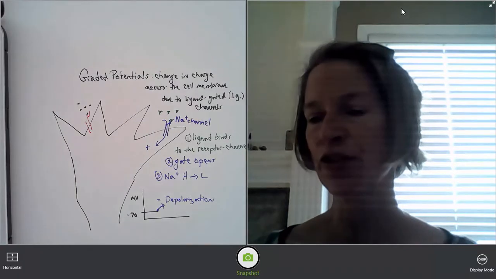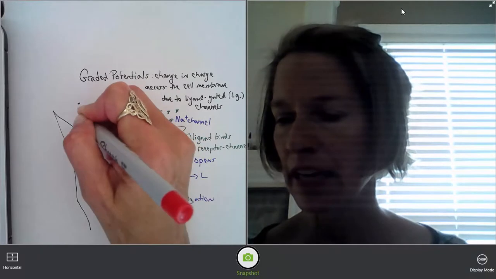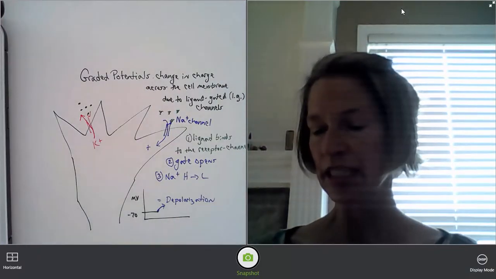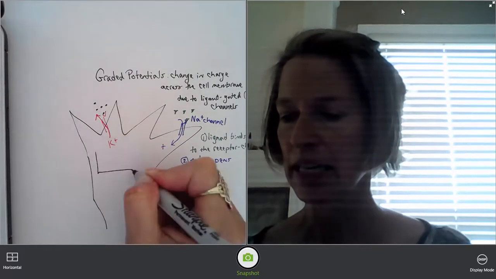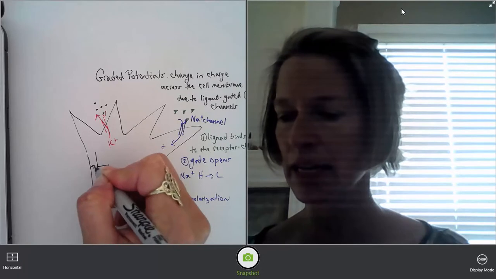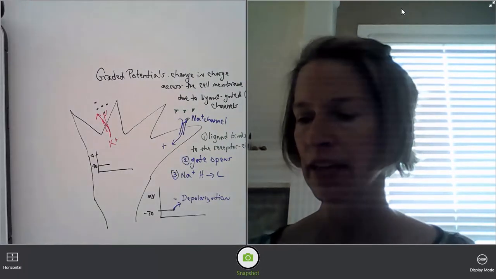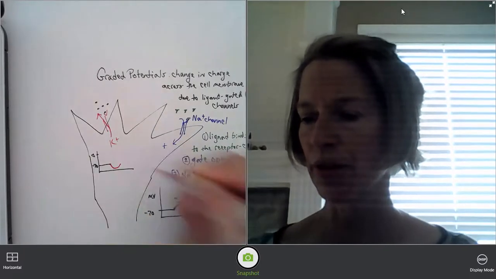Potassium flows from high to low. This is potassium leaving the cell, which causes the inside to become more negative. So what we will see is if the inside was at rest and it becomes more negative, that is a hyperpolarization.